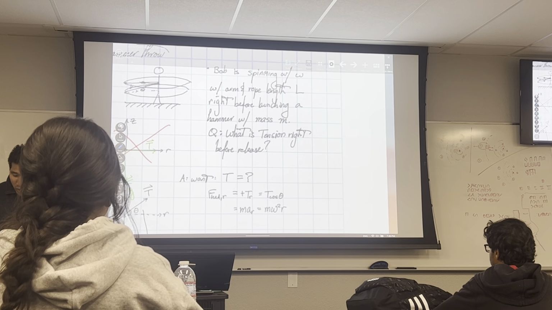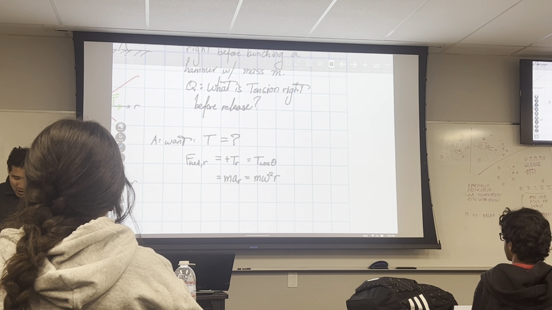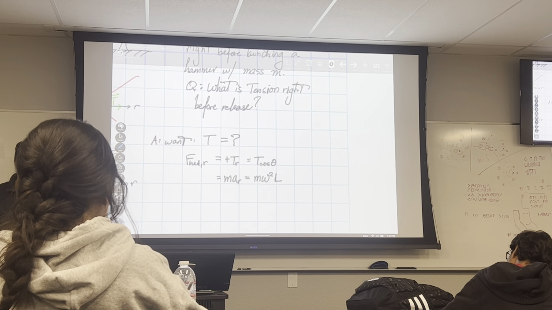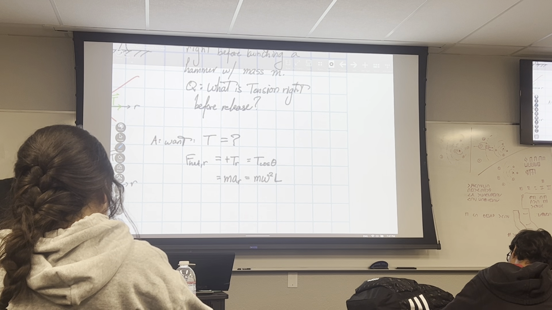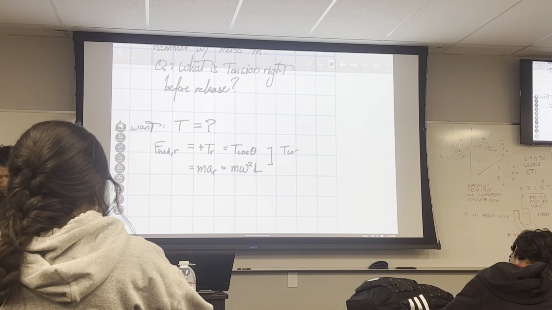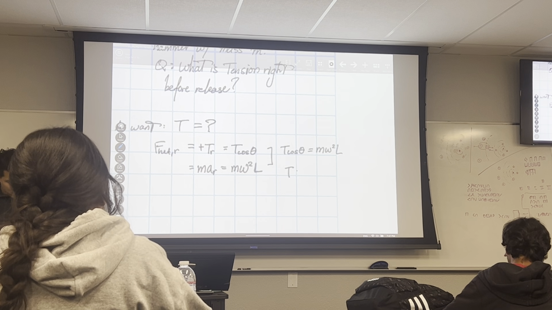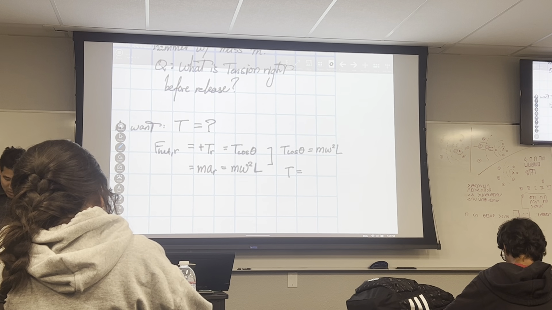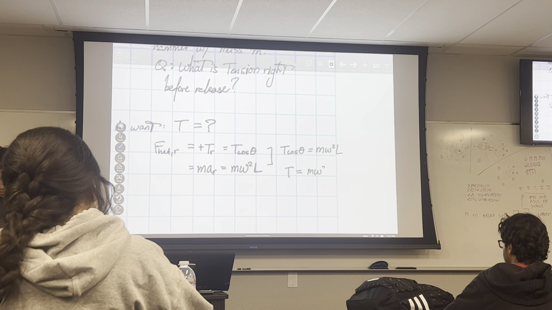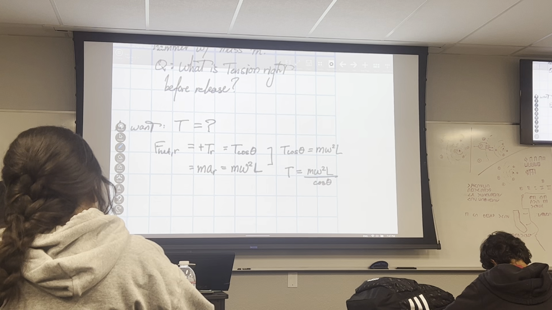But r, we are told the arm and the rope length put together, that is length L, meaning we can replace this with L. So when we put both of these together, we get T cosine of theta equals m omega squared L, or T is equal to m omega squared L over cosine of theta.